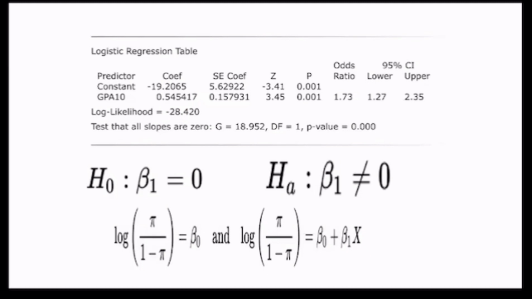When beta 1 equals 0, I only have beta naught. So under the null hypothesis, you are saying the logit, the log odds, is only related to the intercept. It's not related to x. But the alternative says you have a full model.